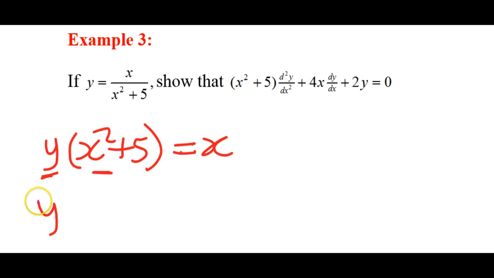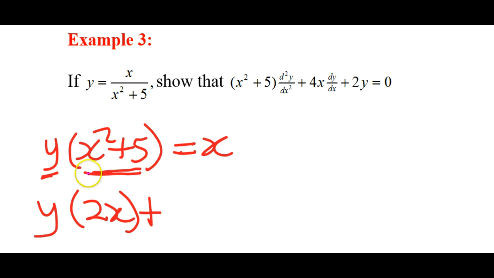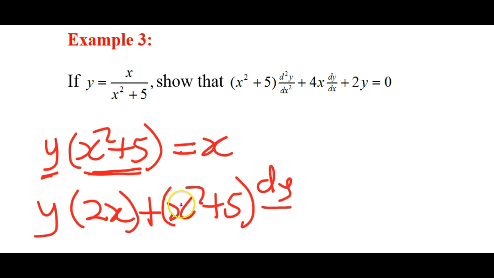So when I hold y and I differentiate this, I will have 2x as that. Then plus, remember that this hasn't got chain rule, and so plus straight away we hold x squared plus 5 and differentiate y, and that will be dy/dx, which is equal to 1, because when we differentiate x you get 1.